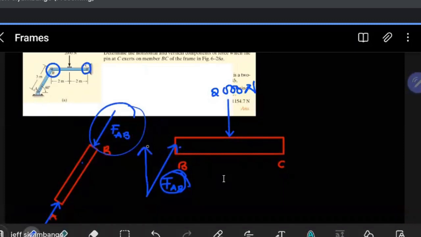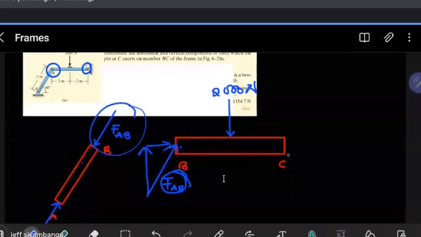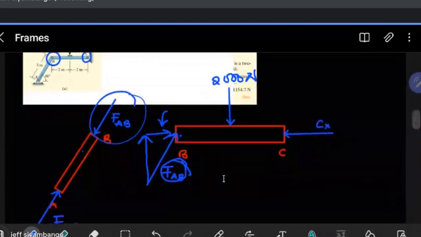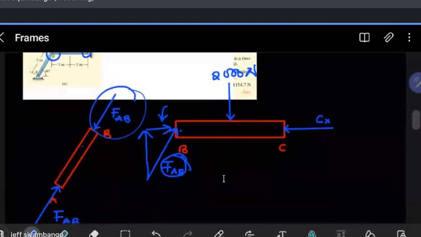If we wanted to guess the components at point C, to make sure that this member is in equilibrium, the x component has to oppose this one, so the x component at C will be going to the left. So this is going to be Cx. Even if you had to guess it the other way, the math would still show you that it was supposed to go to the left.